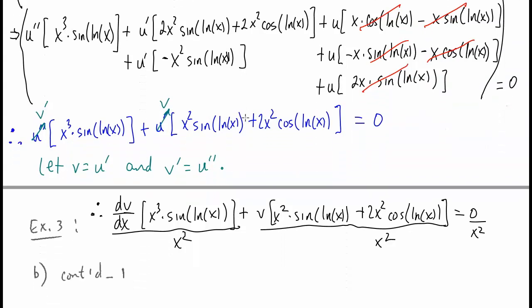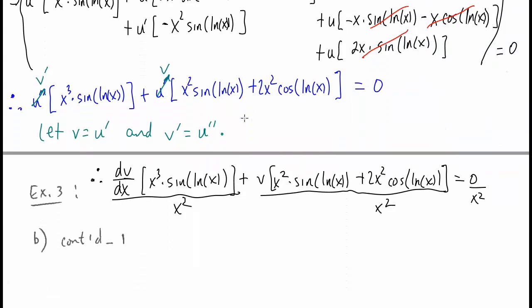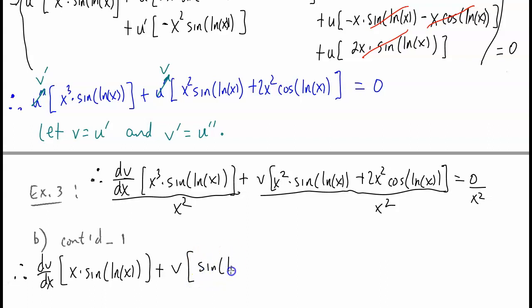All right, so coming back here, if we divide both sides by x squared, then the result that we're going to get here is that we have dv over dx multiplied times x times sine of natural log of x here, plus v times, this will be sine of natural log of x here, plus 2 times cosine of natural log of x.